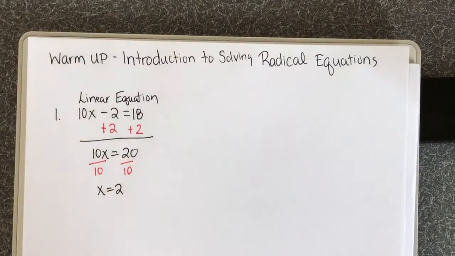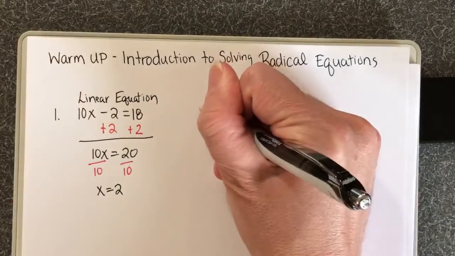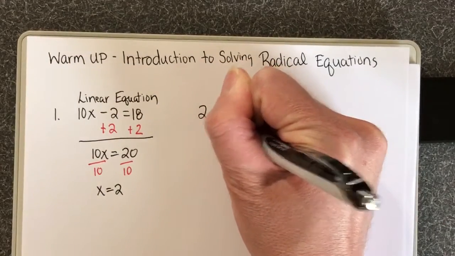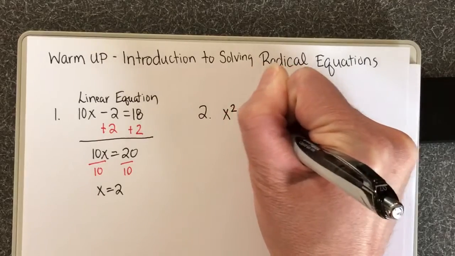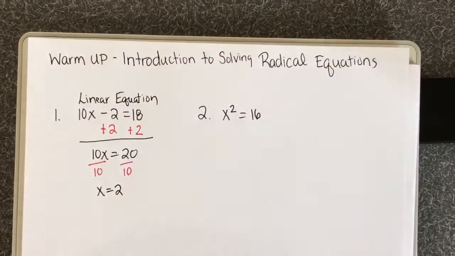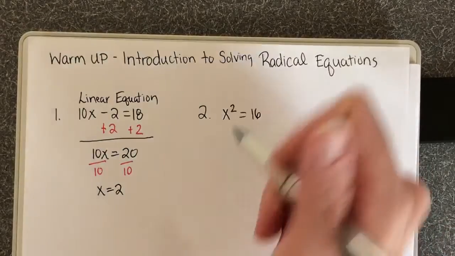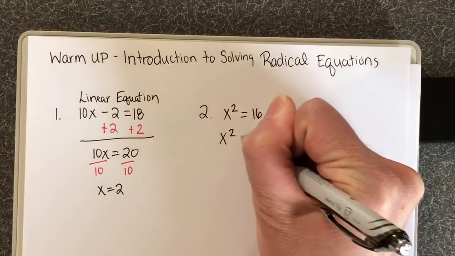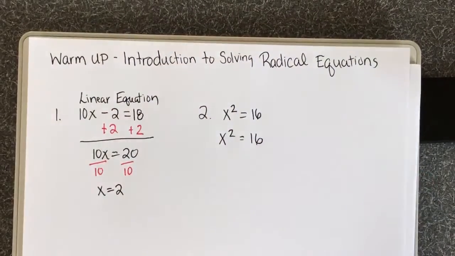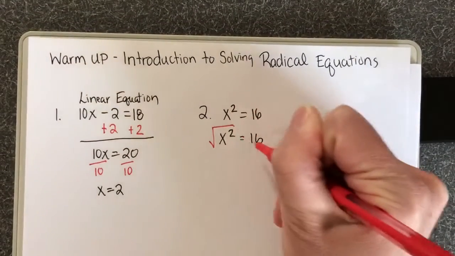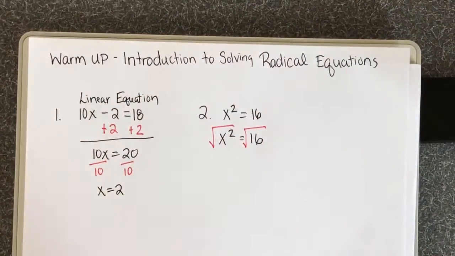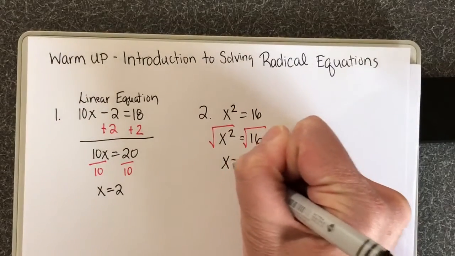So then the second equation that I gave you was x squared equals 16. So to undo a square, we have to use the square root. So to get x by itself, you square root both sides. So the square root of 16 is 4.